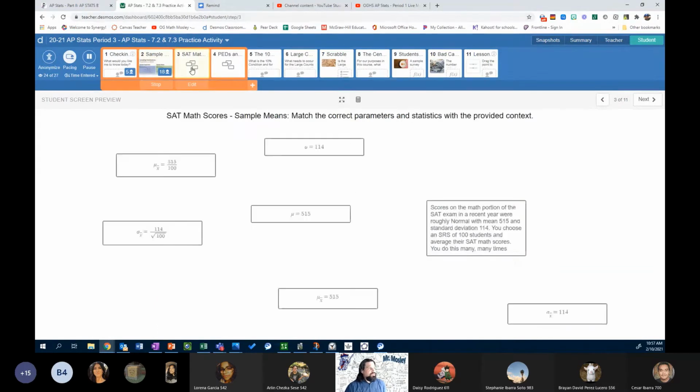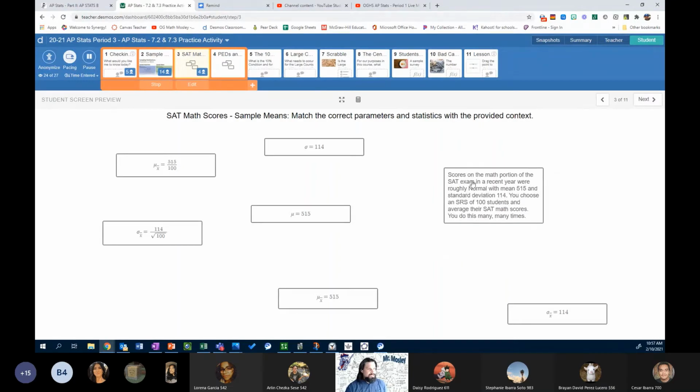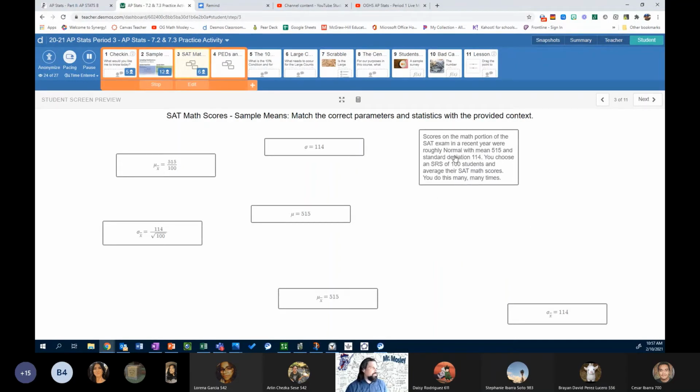So the first matching problem, the SAT math scores, there is a context. That's the box with a lot of the words in it. And then there are these extra notations and numbers. 4 of these match up with the context.